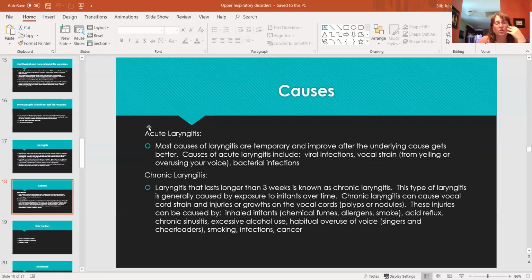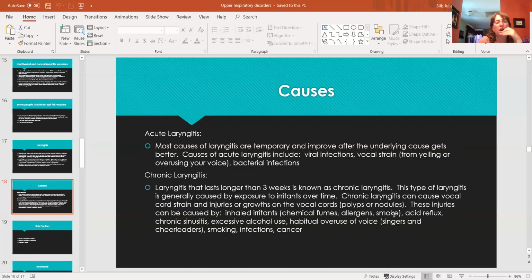You can have an acute version of this or a chronic version. With the acute version, usually it's going to get better on its own. There's not a whole lot you need to do for it. Usually causes would be viruses or vocal strain, or maybe even a bacterial infection. With chronic, usually you're going to have this for longer than 3 weeks, and it could be from other things.